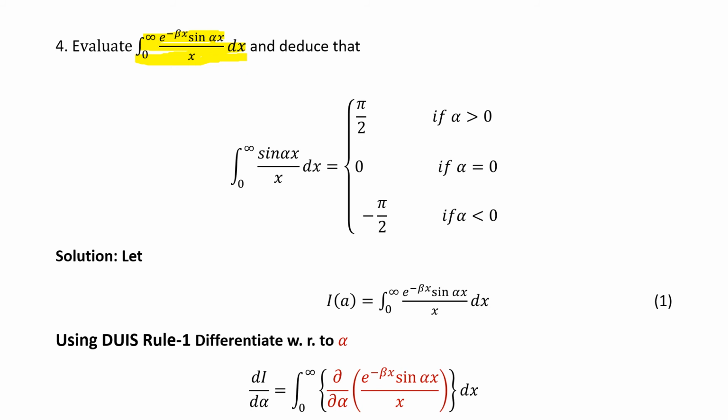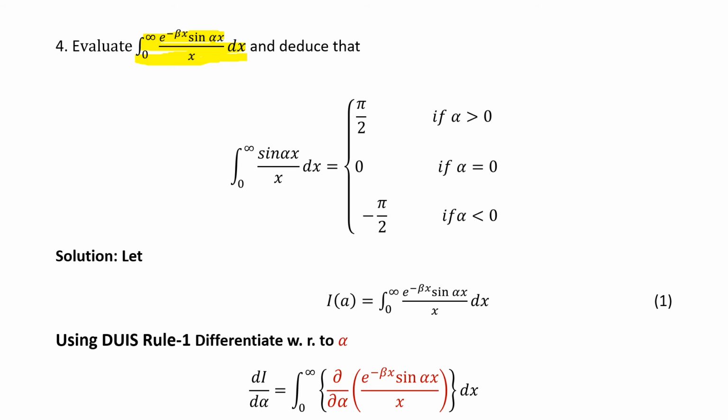Okay, so I'll take this as I of alpha. So I of alpha is equal to the integral from 0 to infinity of e raised to minus beta x sine alpha x whole upon x dx. Okay, now differentiate it with respect to alpha by applying DWIST rule 1.